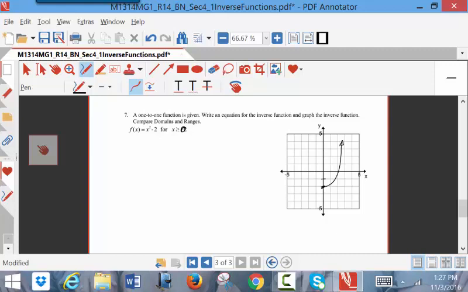Okay, so from my graph, which we do from transformations, this is the point 0, -2. So this original function is y equaling x squared minus 2, and looking at its graph, the domain of this original function would be from 0 to infinity, and by the graph, the range would be -2 to infinity.